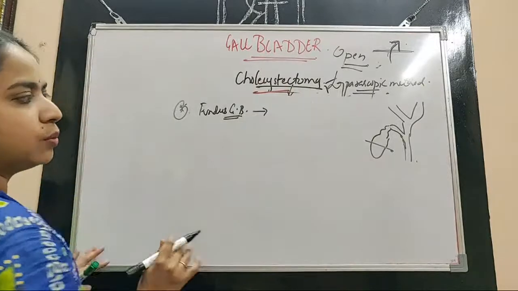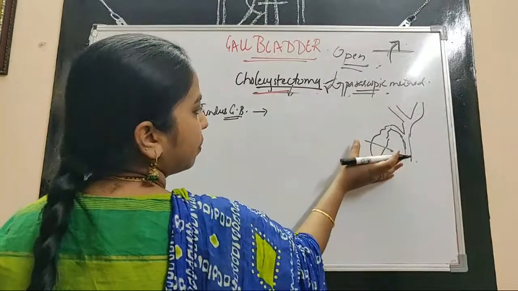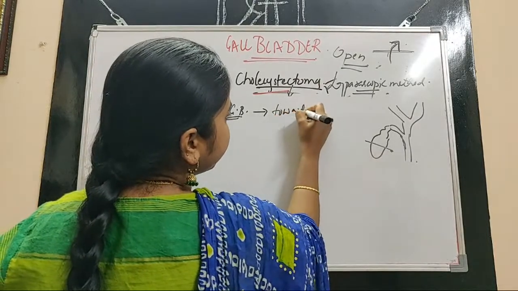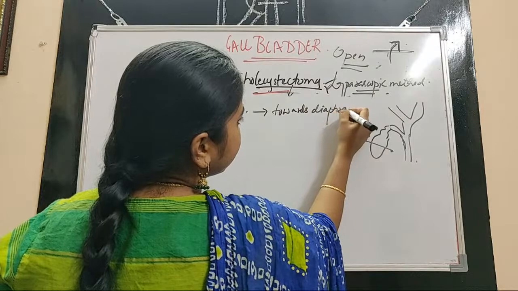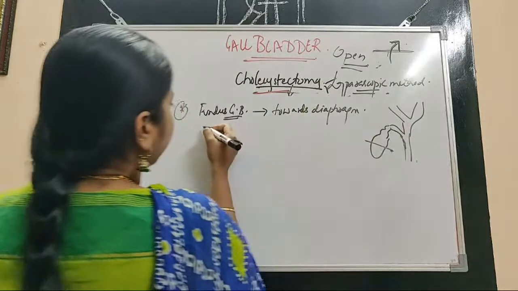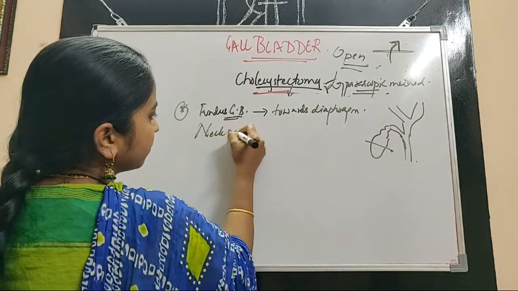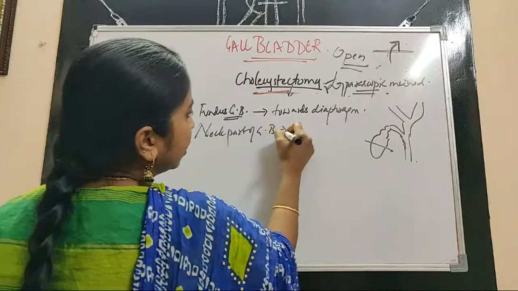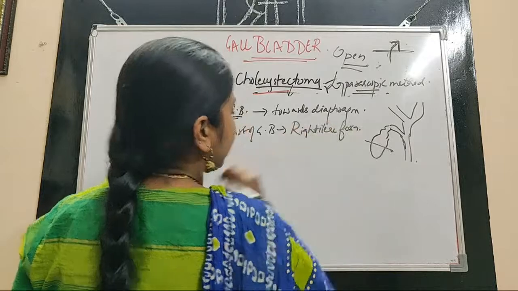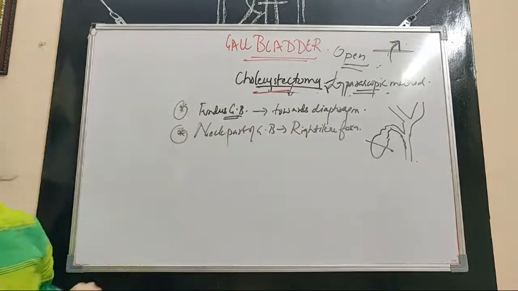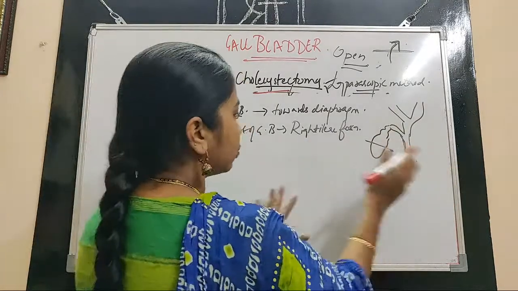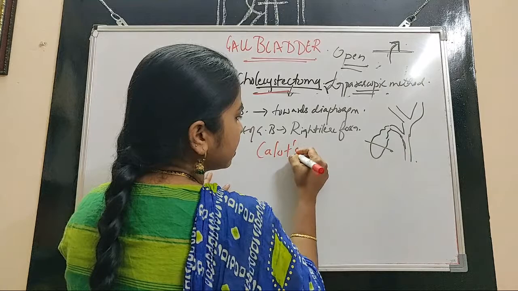So now we are trying to retract the body or the fundus side of the gallbladder towards the diaphragm, and try to retract the neck part of the gallbladder towards the right iliac fossa. Now, why is this part important? We are doing all of these maneuvers to expose what is called the Kellogg's triangle.